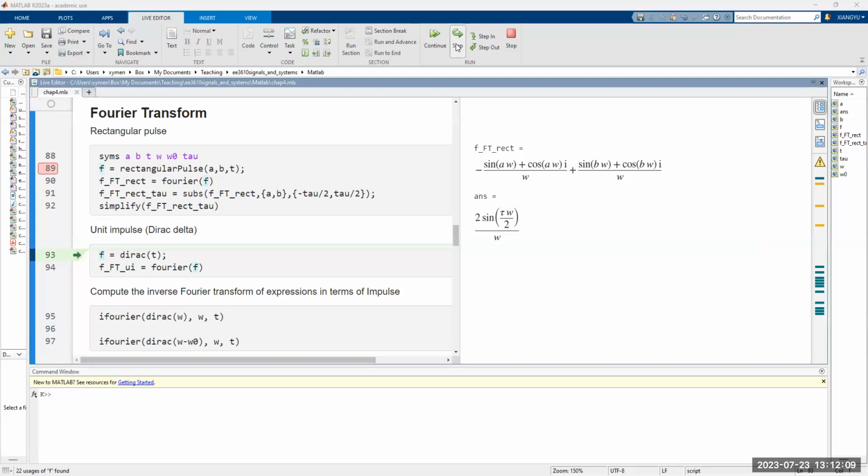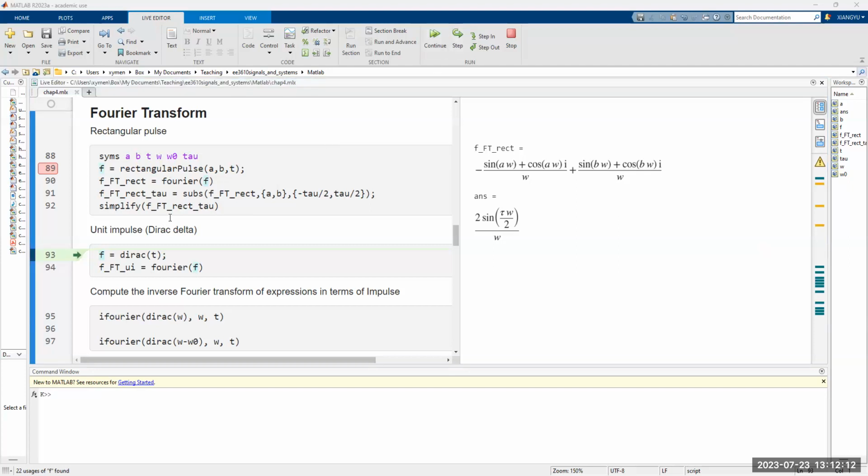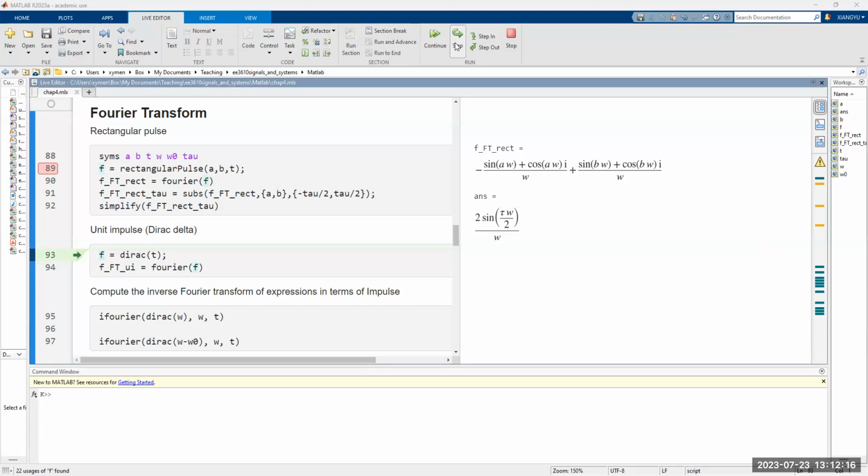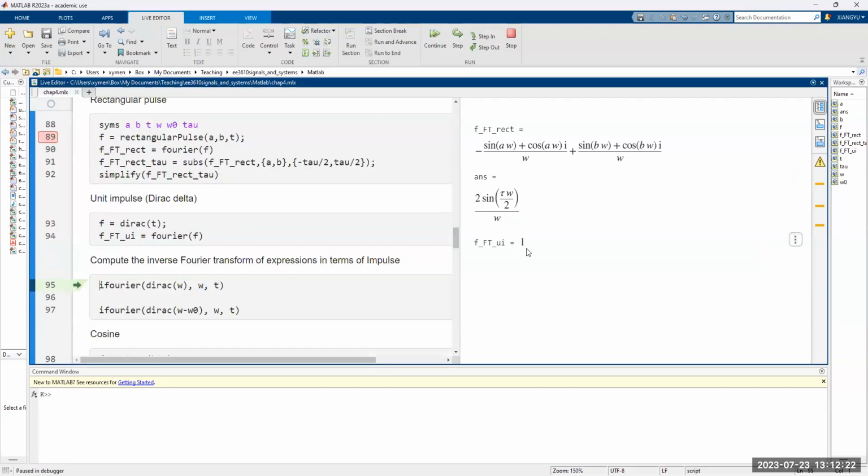Then let's continue to calculate the Fourier transform of the unit impulse function. It is 1. The Fourier transform of the unit impulse function is 1.